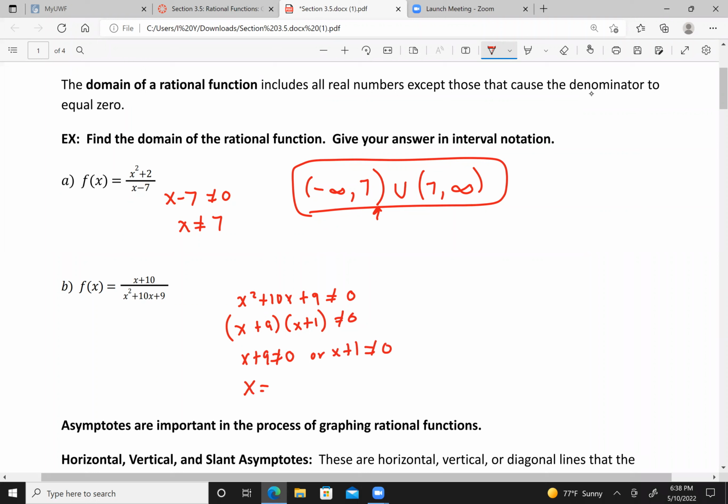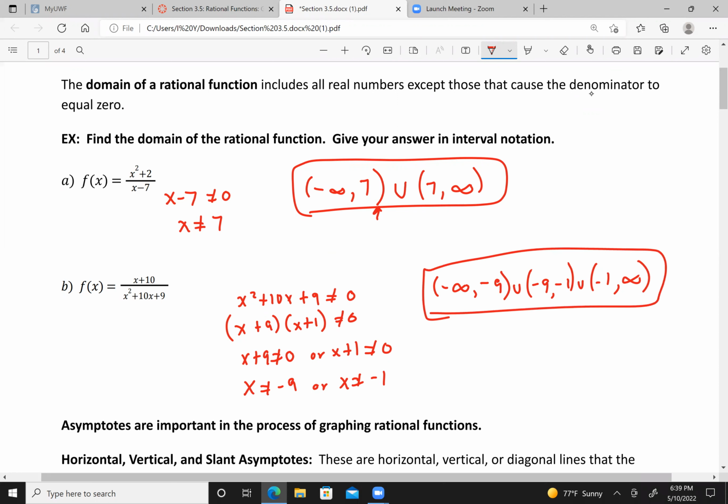So x cannot equal negative 9, or x cannot equal negative 1. So again, starting at negative infinity, we come to negative 9. It's not included. We start at negative 9, we get to negative 1, again not included, and we start at negative 1 and we go to infinity. Interval notation, specifically asked for. If that's the case, make sure you do it.